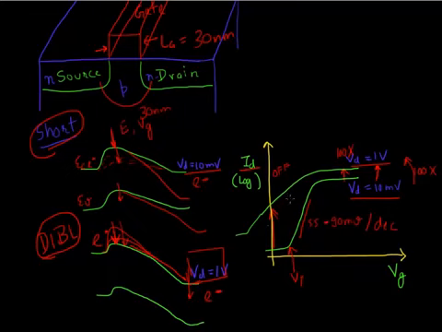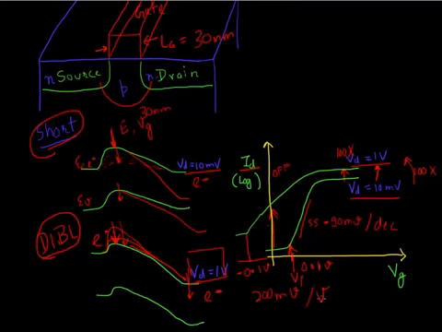Another way this can be demonstrated is that you are also seeing in this graph that your threshold voltage, which was initially say 0.1 volt, has now shifted, and let's say in this case it's minus 0.1 volt. So there's a 200 millivolt shift in your threshold voltage on the application of 1 volt of drain voltage.